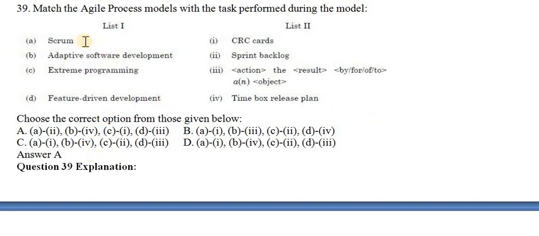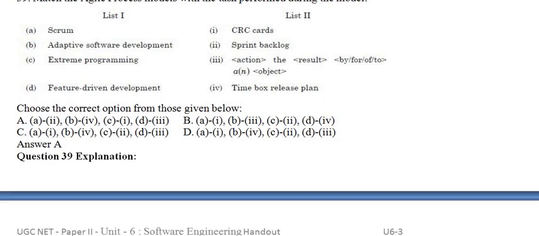Sorry, actually Scrum is the sprint backlog, and extreme programming is the CRC card. Okay, so next one is feature driven development. Feature driven development is where, as per action we get results, and we define the objective, and that is said to be feature driven development.